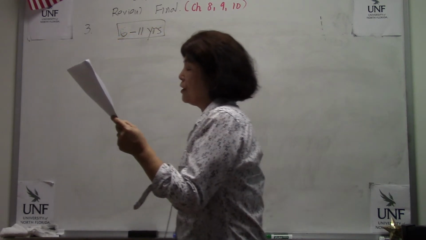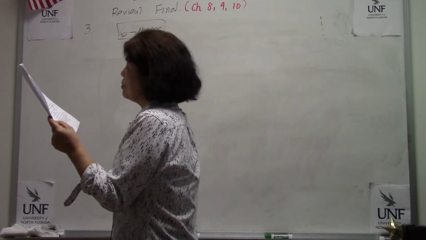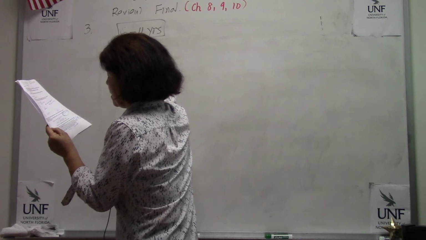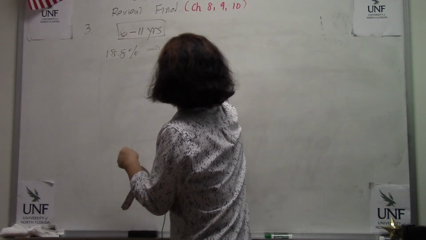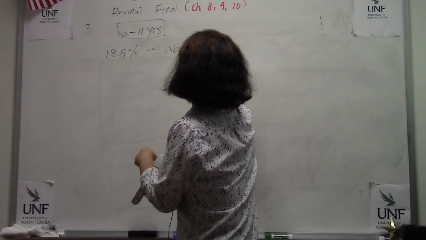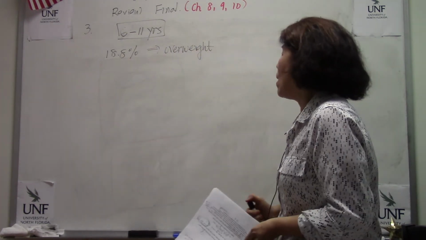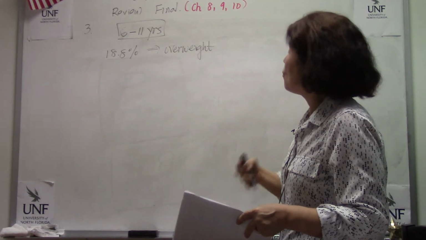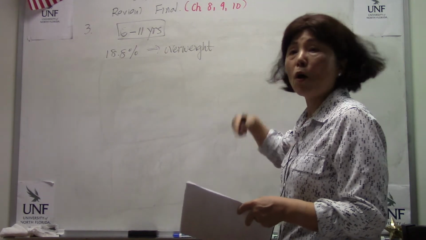This is a population, okay? And among those school-aged children, 18.8% are overweight. We do not record their weight; we compare their height and weight, and we determine whether this kid is overweight or not.